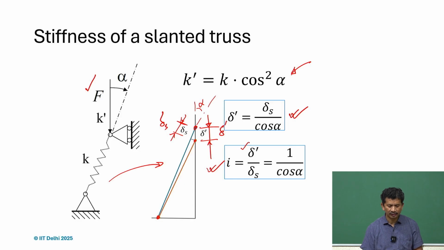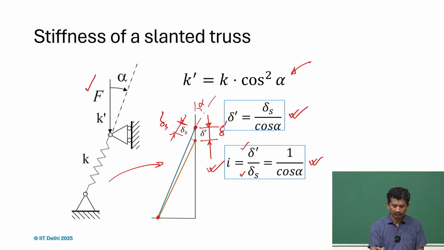That is delta prime or delta dash, and N is where the spring is located, along that direction. So in the longitudinal direction, the deformation in the spring is delta S, and we just derived that the relationship is 1 over cos alpha.